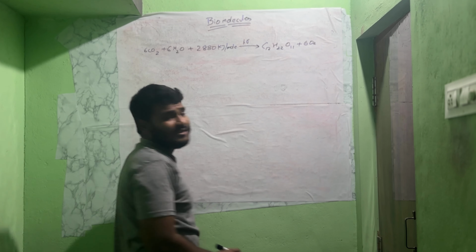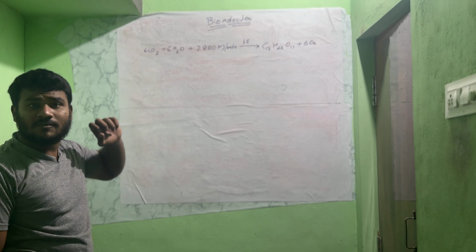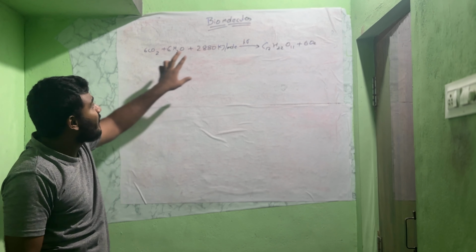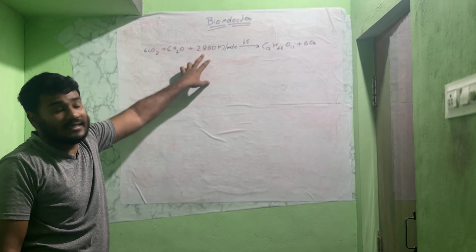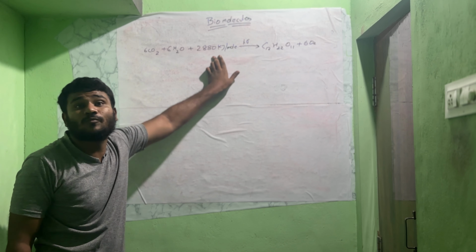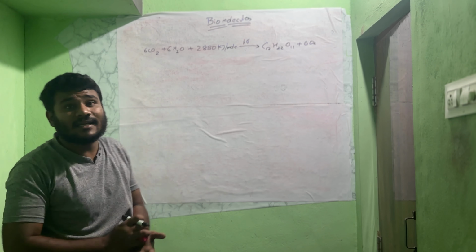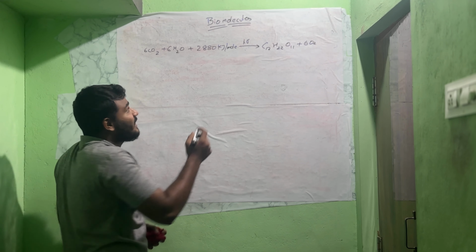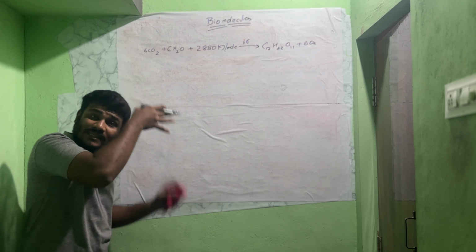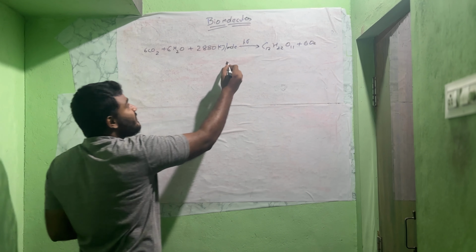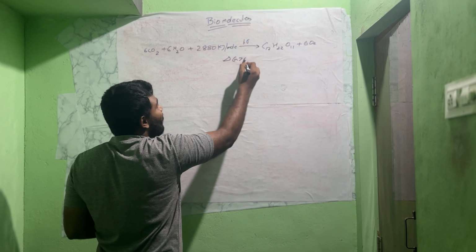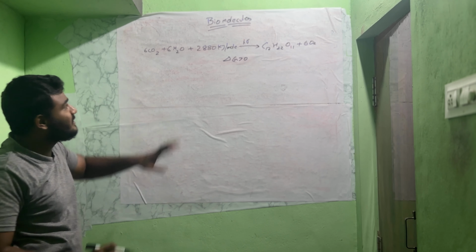If you carefully observe this equation, the reaction requires 2880 kilojoule per mole of energy on the reactant side. Thus, this is an endergonic reaction. For this type of reaction, delta G is always greater than 0.